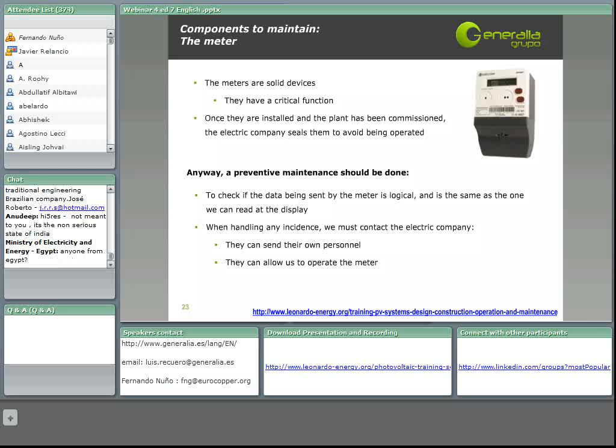We have the fifth lesson about economic analysis of photovoltaic installations: the expected generation, the applicable tariffs, and internal rate of return. And the sixth lesson will be about off-grid systems.